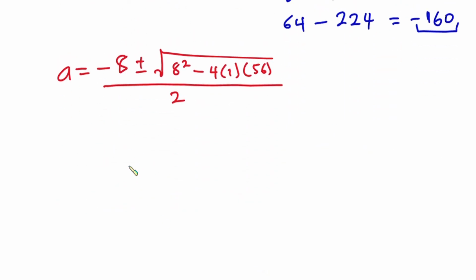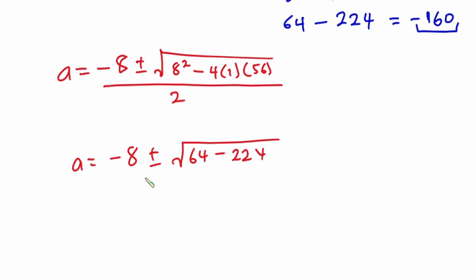Right. Now simplifying this, we have a is equal to negative 8 plus or minus square root of b squared is 64, so we have 64 here minus 4 times 1 times 56, that is 224, all divided by 2.